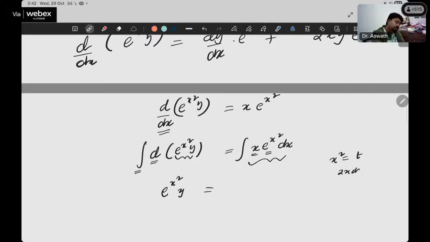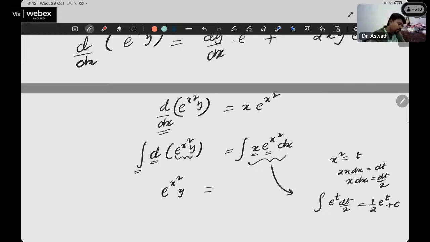Then 2x into dx is equal to dt, so x into dx is equal to dt by 2. The integration would be exponential t, dt by 2, which is half into exponential t, with some constant if you want.